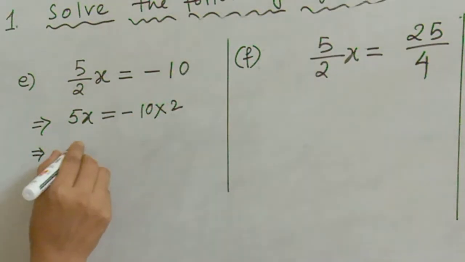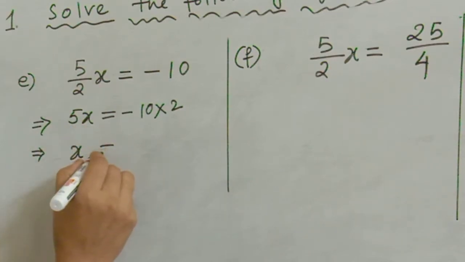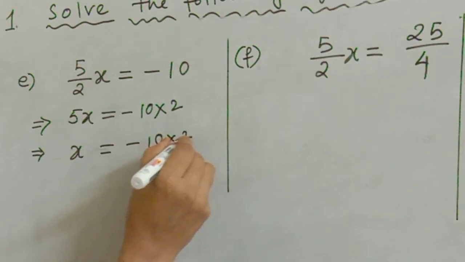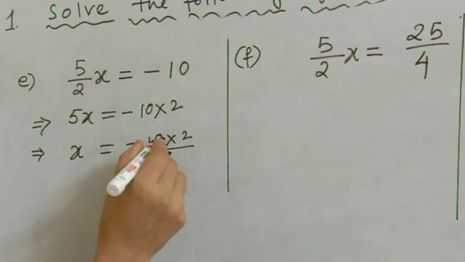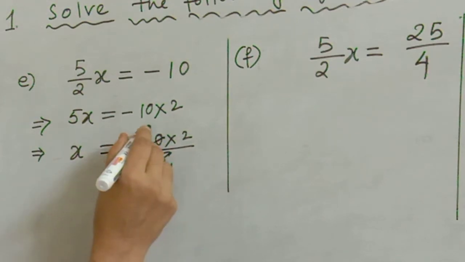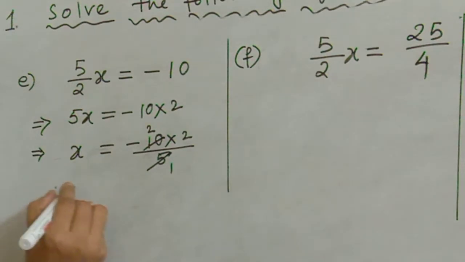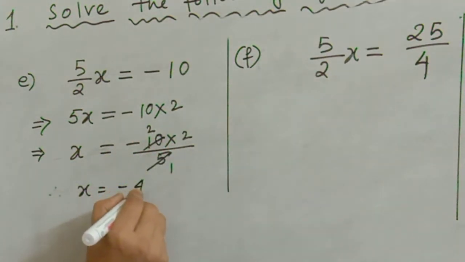Then x is equal to, 5 was multiplied here, so it will go in the denominator for dividing 10 into 2 by 5. Now you can cancel it, 5 2s are. So therefore x is equal to minus 2 into 2, minus 4.